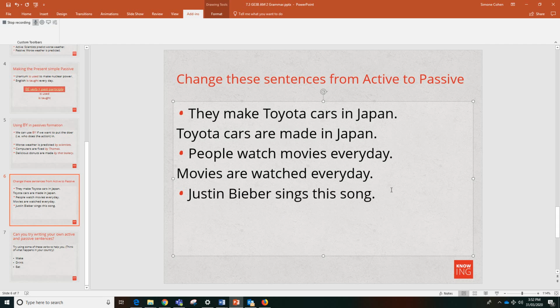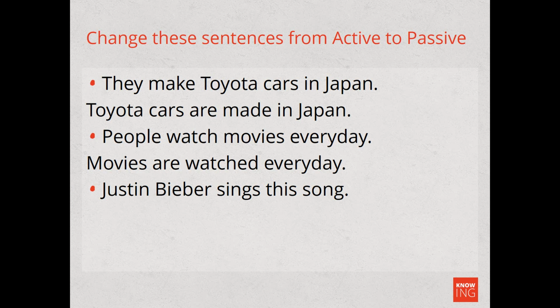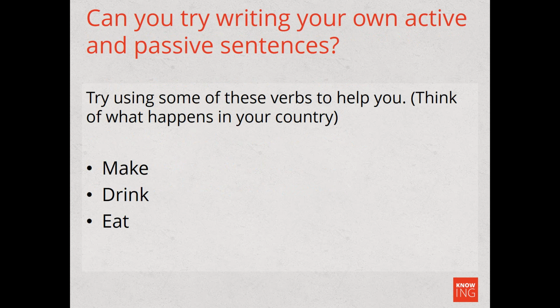I don't know why it's doing that. But we could say, this song is sung by Justin Bieber. We have sing, sang, and then sung is the past participle. Pretty good. So maybe you could try writing some of your own active and passive sentences here.